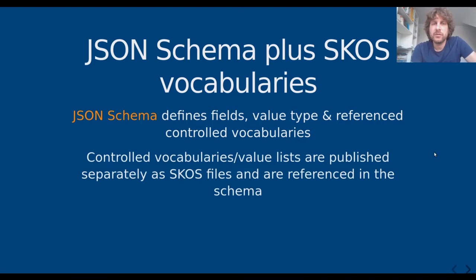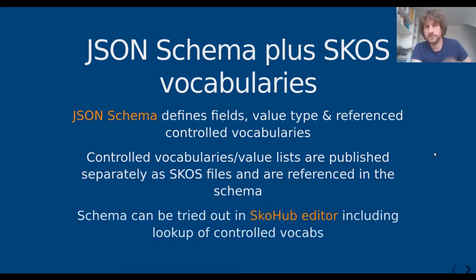And the controlled vocabularies are published separately as SKOS files and are referenced in the schema. And this schema then can be tried out in the Skohub editor. I will show you soon. You can try out how it works and look up the vocabularies and all this.